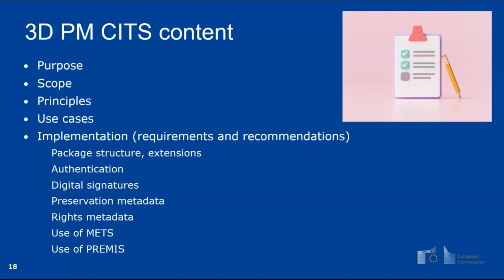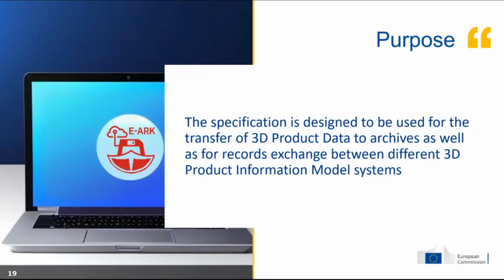Then we have the most important bit, which is the specific implementation requirements and recommendations. Those are around the package structure, as you've seen, so an extension to the requirements of the CSIP. A new area talks about authentication and digital signatures. And then it talks about preservation metadata and rights metadata and the use of METS and PREMIS.